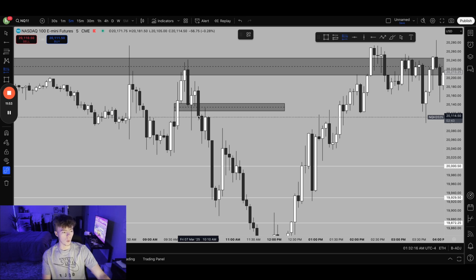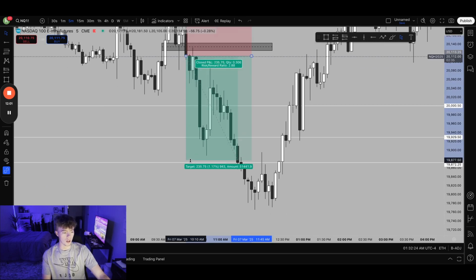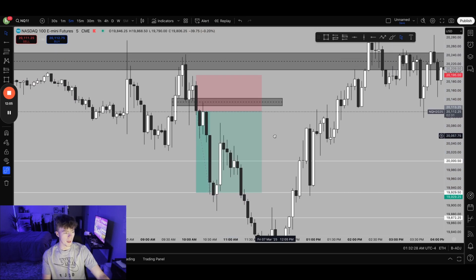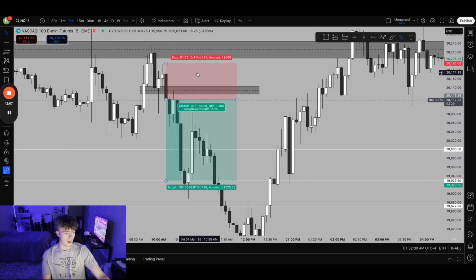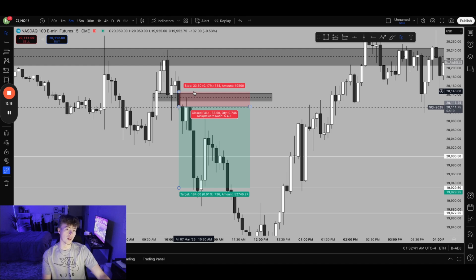What can we do? Well, what did we do on Friday? We entered off of this candle closure with stops above these highs right here, and we targeted our draws all the way down here, I believe. We targeted these draws right here. Then my friends advised me in the Discord to move my stops to above this fair value gap, because if we end up coming back up and getting a closure above this fair value gap, well, guess what?